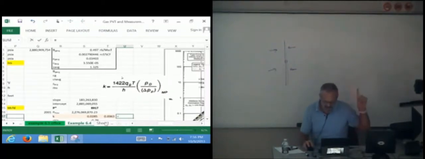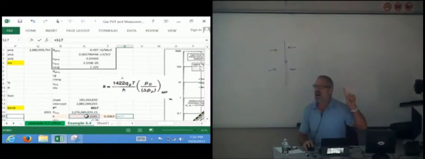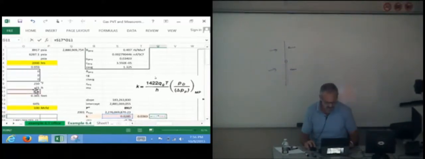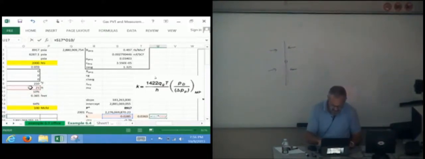So, K, I actually like the K that I'm getting from the Horner plot, times H. Oops, grabbed the wrong cell. Divided by 1422 times the rate times the reservoir temperature plus 460.